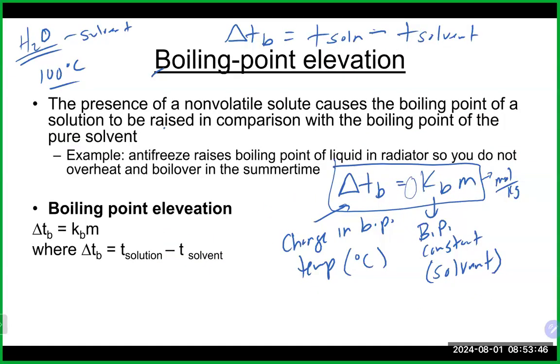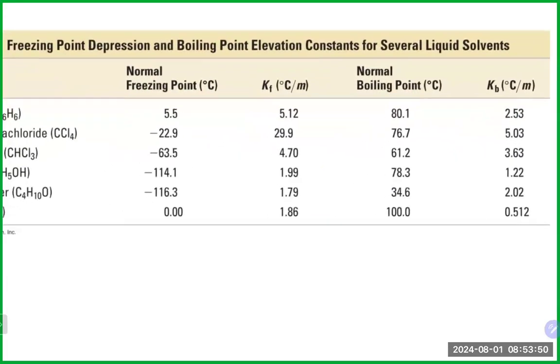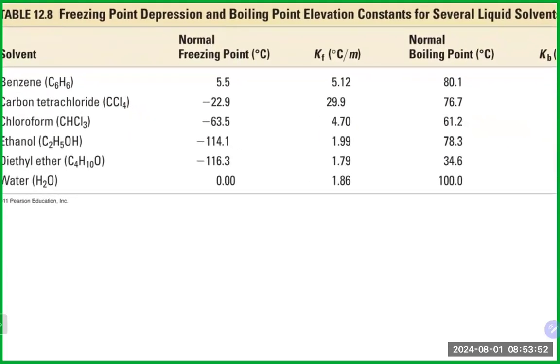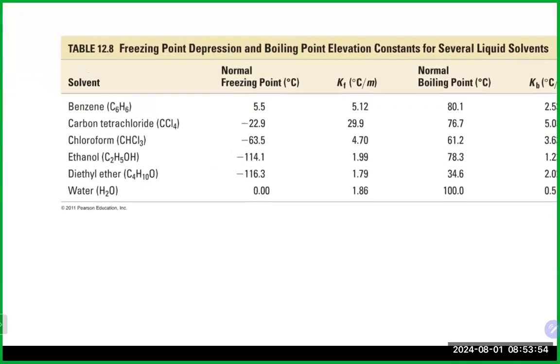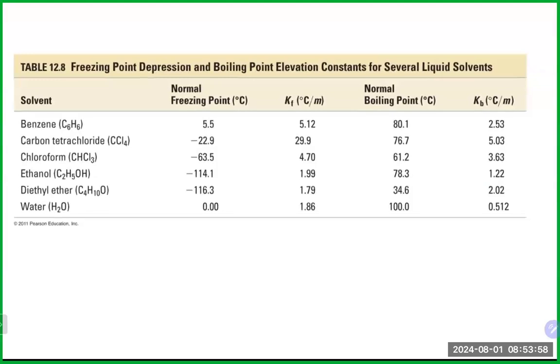All right, so let's take a look at some of these. Here is, by the way, a table of constants, and you have a similar table in your book. You can see a couple of things as we talked about. These are all based on the solvent, and different solvents do have different freezing points and boiling points.